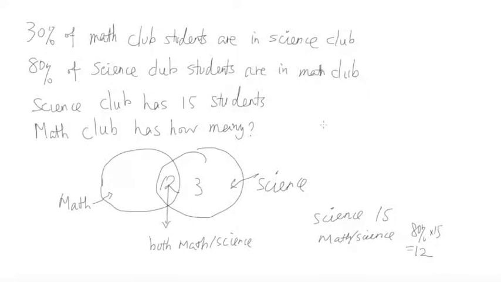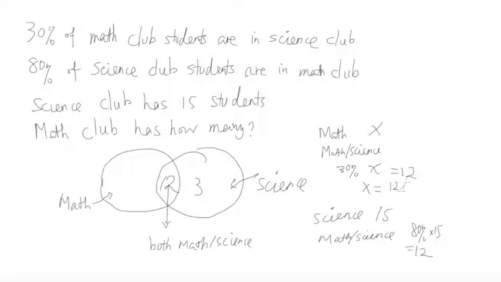Let's assume we don't know how many math students there are, so we just call it X. Then 30% of them are in both math and science. So 30% of X. But we just figured out there are 12 students in the overlap.